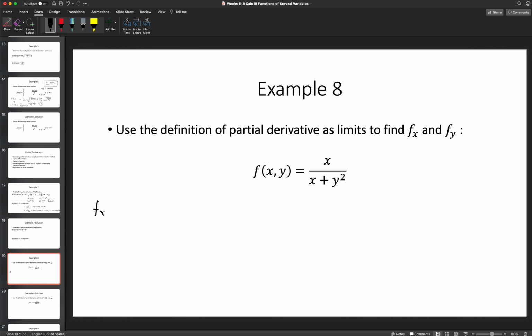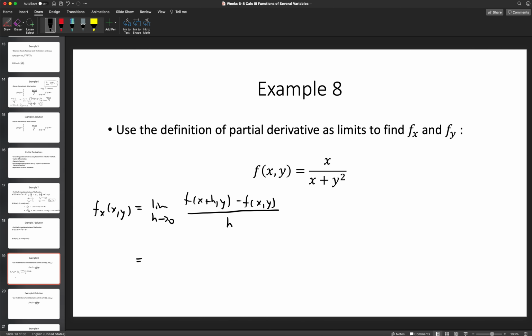So we should first state what that would be, right, in terms of our limit definition. So let's state our limit definition for taking the partial with respect to x. Okay, so here it is.